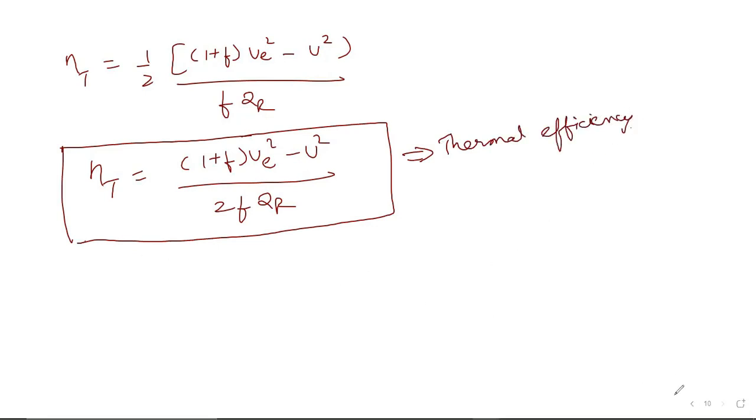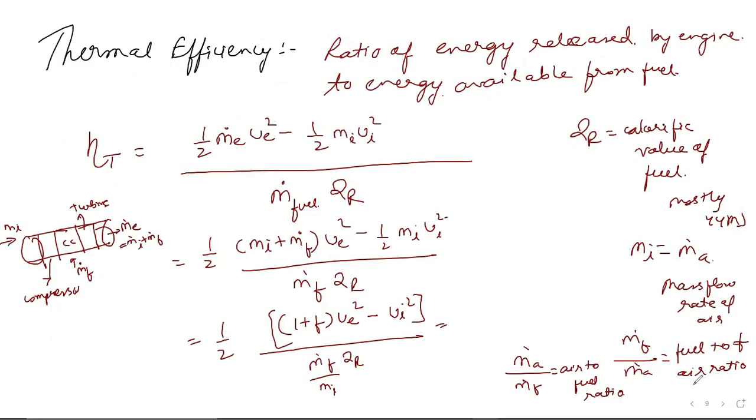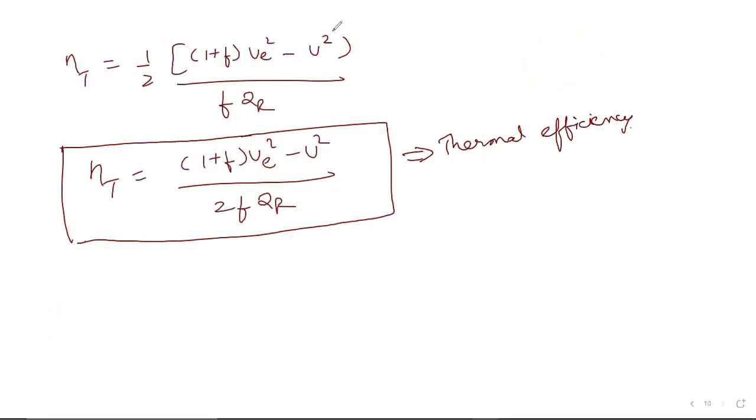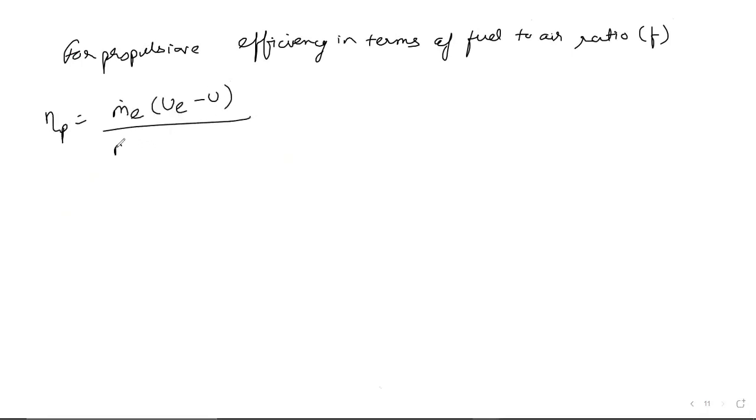If we want to use this, we can solve it this way. This formula we can also use in propulsive efficiency. Now for propulsive efficiency in terms of the fuel to air ratio F, it is basically known as eta P equals ME times UE minus U, divided by half ME UE square minus MA U square.